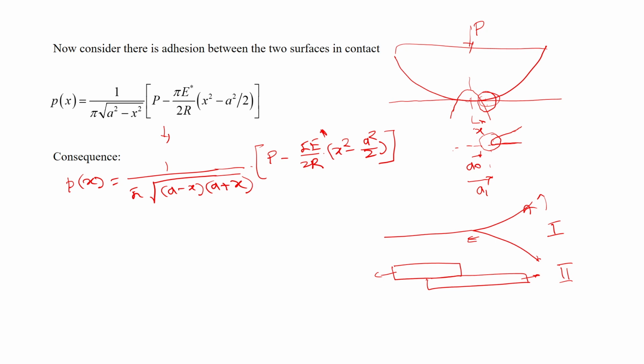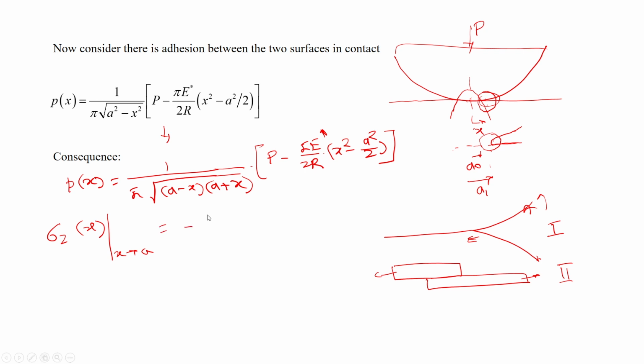So, now what is the kind of stress that will happen at the edge? I can write it as, let us say, sigma z at x tends to a, close to a. Stress will be negative of pressure.